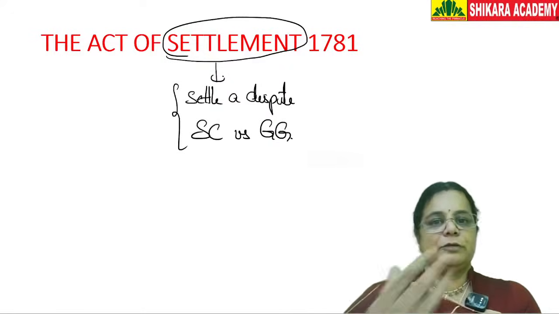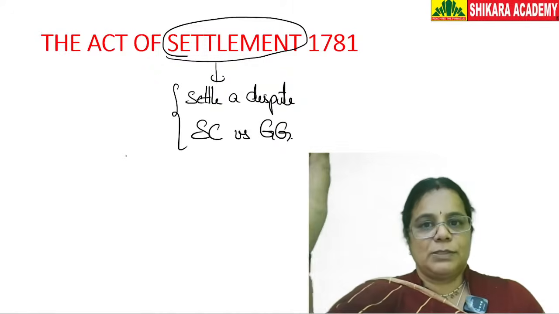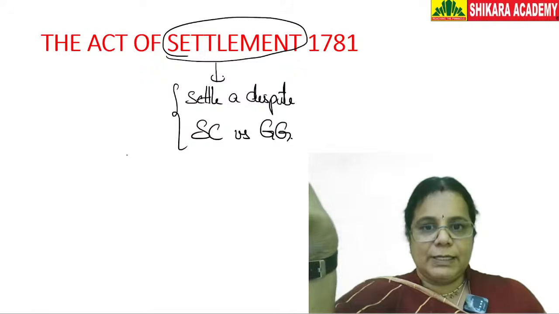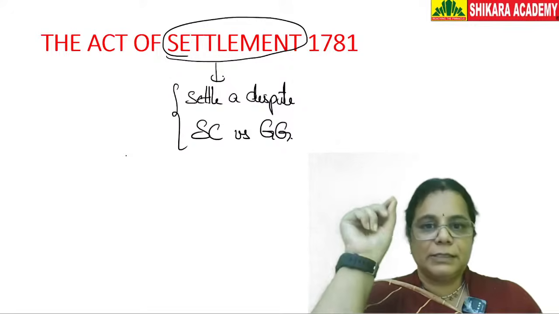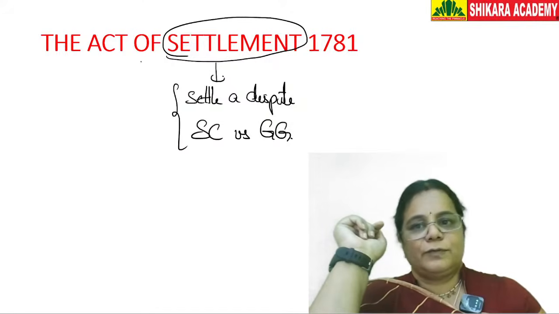But what is more important for us is, we all know that Britishers had a non-interference policy into the socio-cultural elements of Indian society, meaning that they followed a policy of non-interference into the cultural aspects. That began with this Act of Settlement.